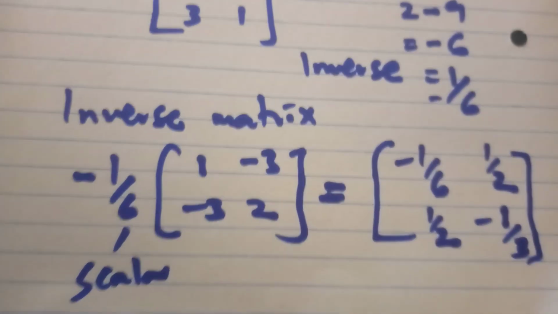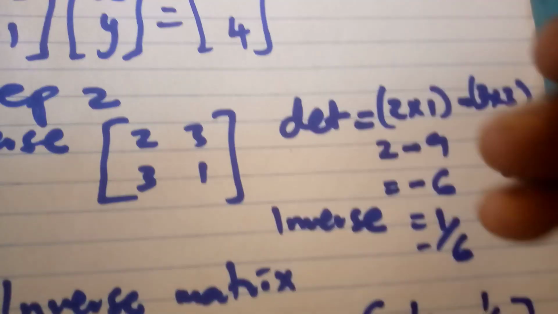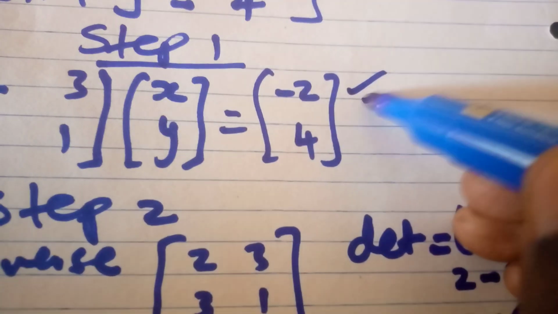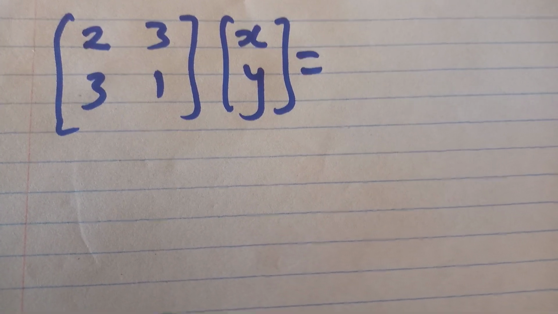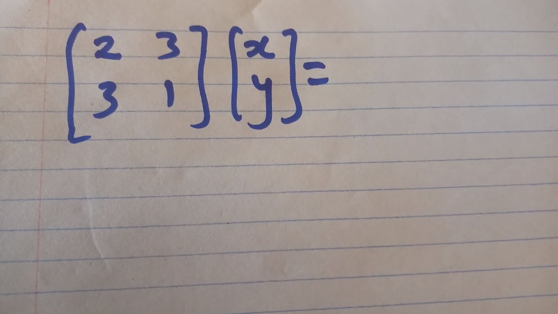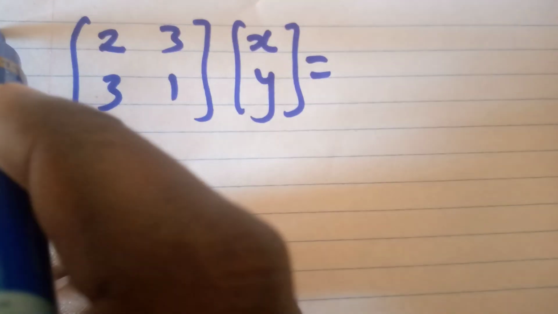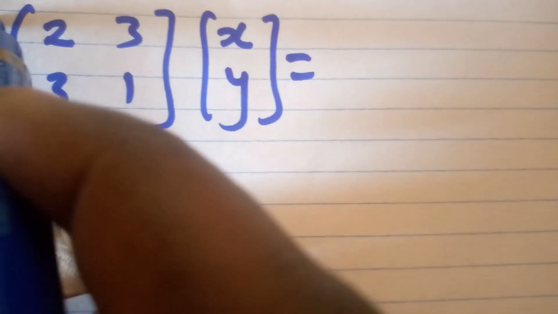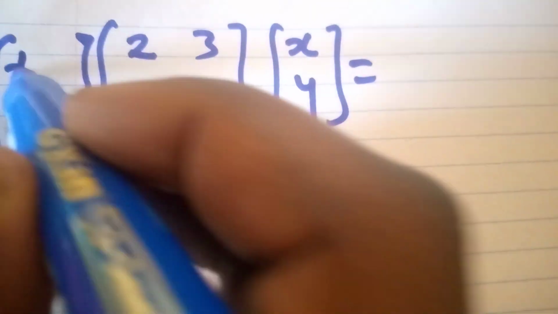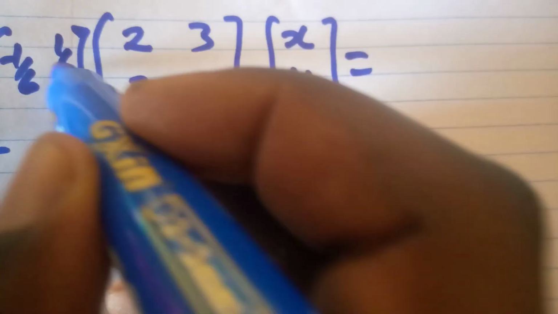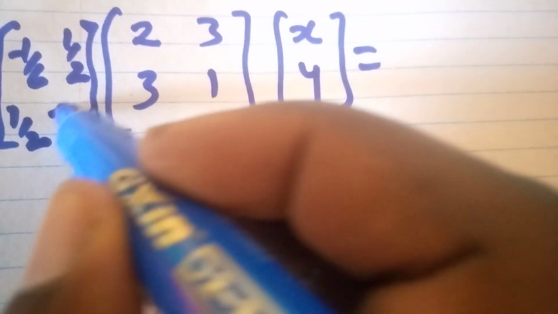The next step is now to pre-multiply my equation here by my inverse. I want to pre-multiply both sides using my inverse. Remember my inverse was negative 1 over 6, negative a half, and negative a third.